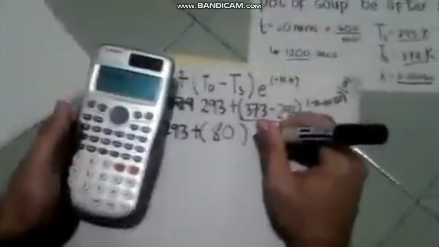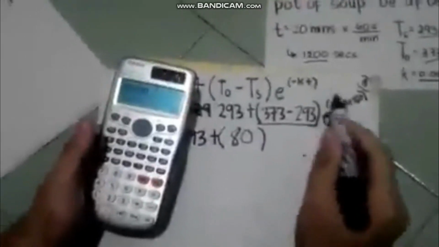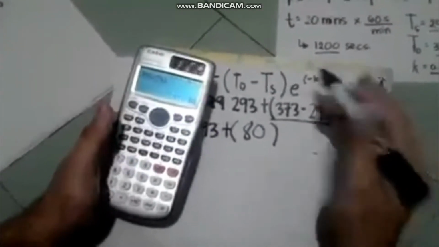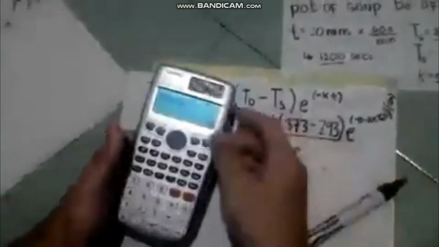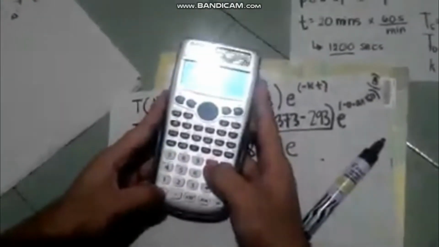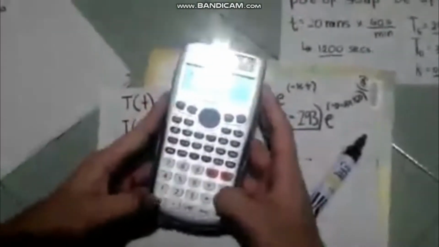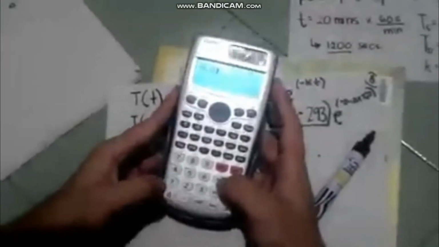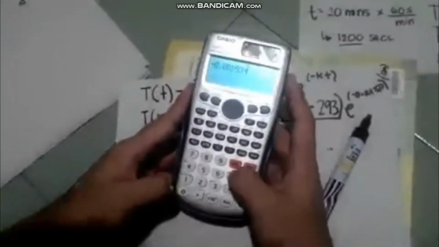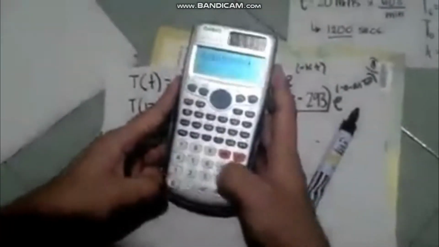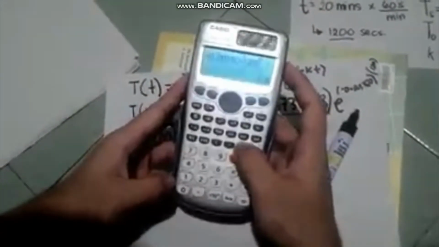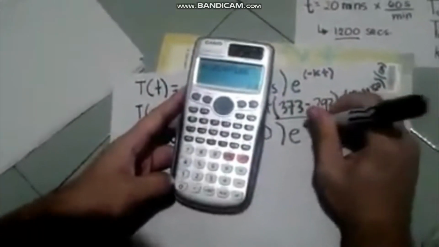Then next, first multiply this: negative 0.00150 times 1,200 is equal to negative 1.8.